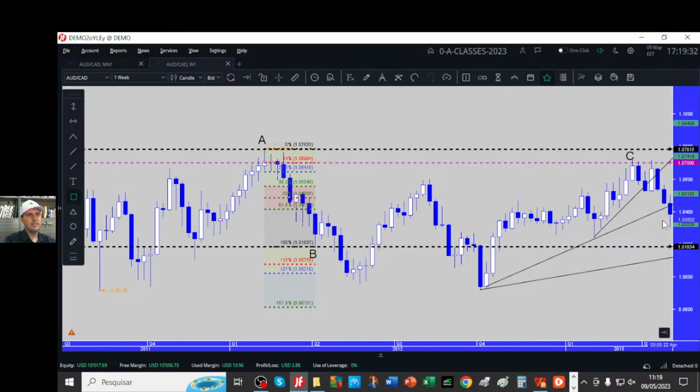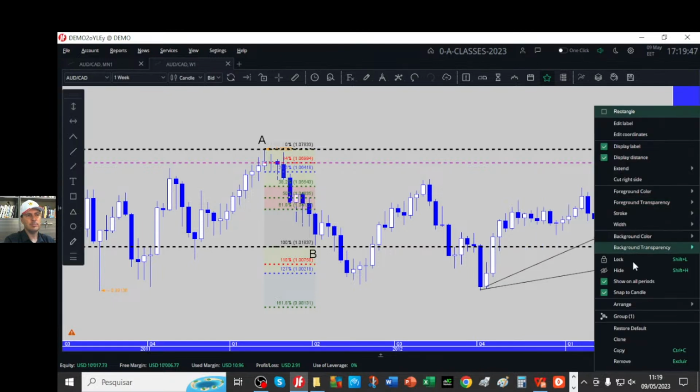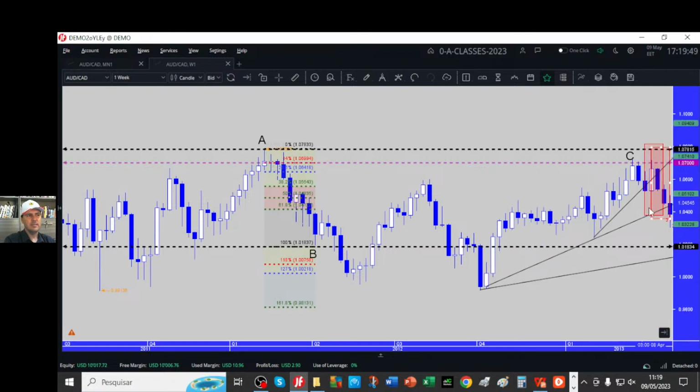So if I enter at the second red, excellent everybody. So if I enter at the second counter trend line break and my stop loss is above the A, can I take this trade? What's the answer? Look at the chart.